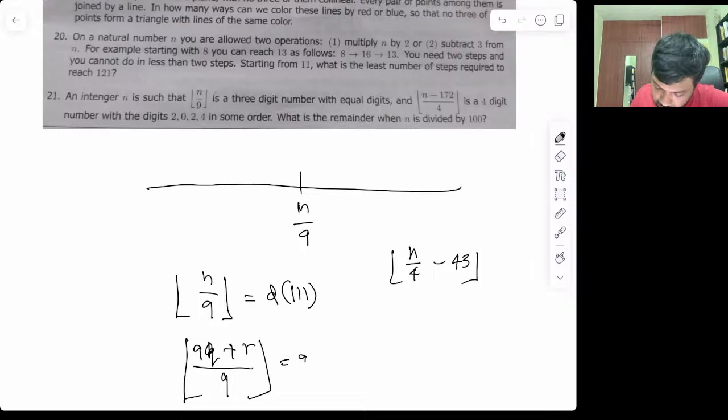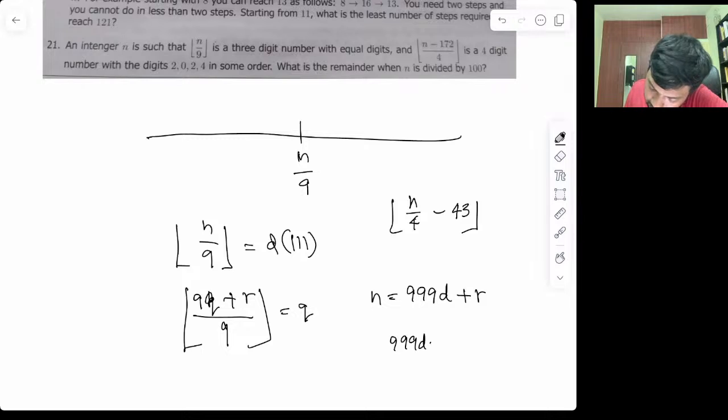So q, the quotient, is a number of the form d into 111. So n is 999d plus r, where r is of this form. Then you plug that in here. Some ugly thing.